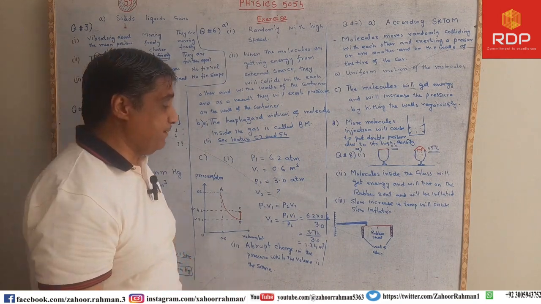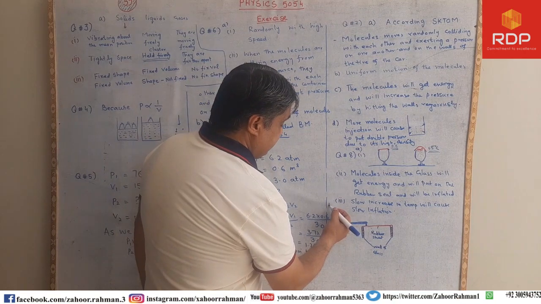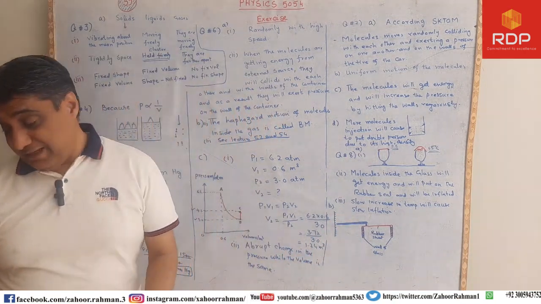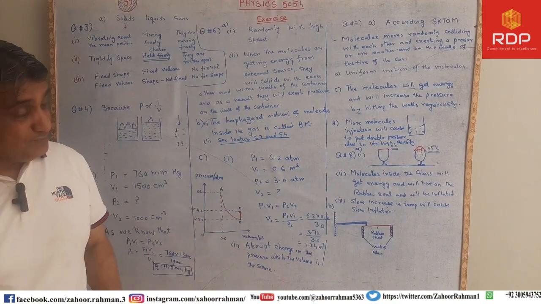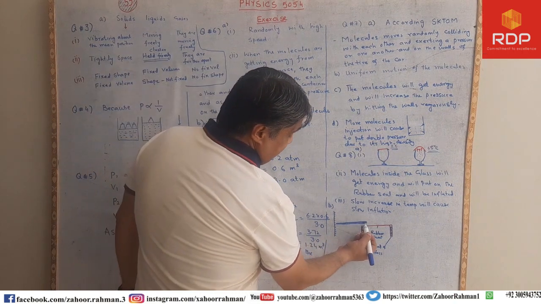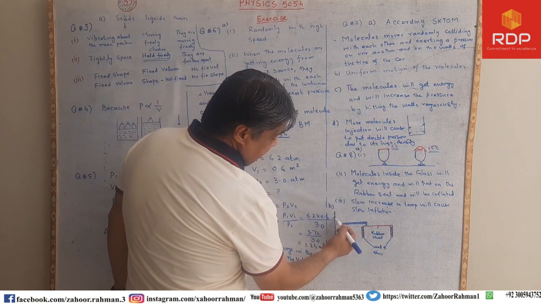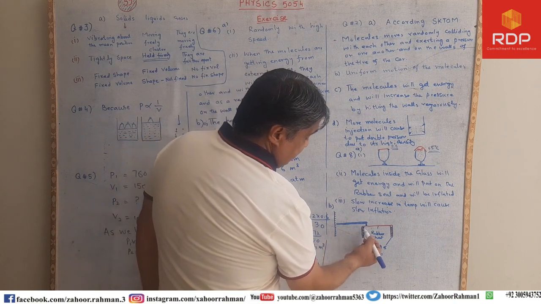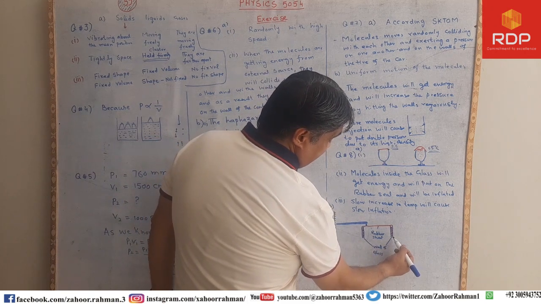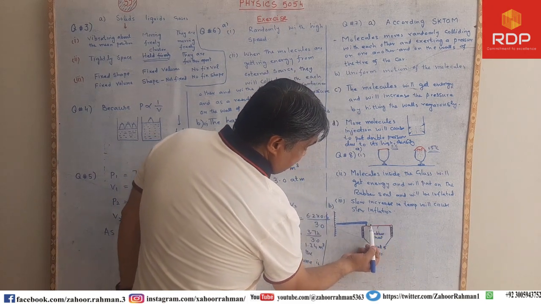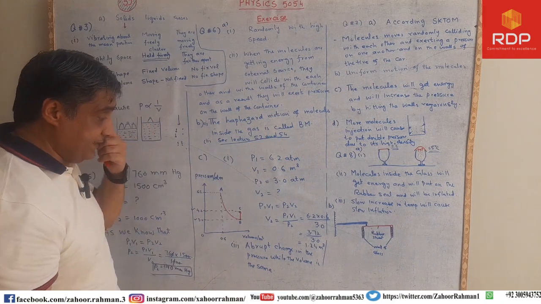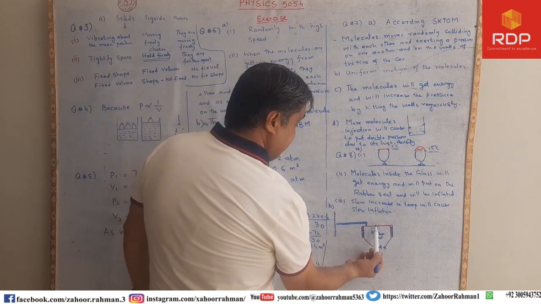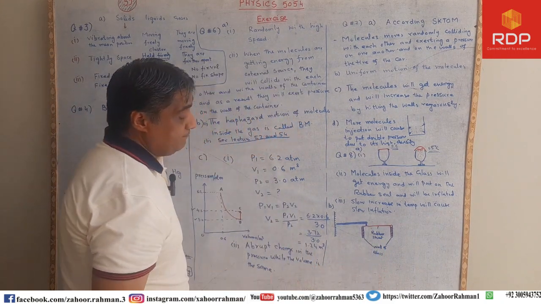Now the final part, and that is the B part. They have given us this. There is a pointer and there is a graduated scale. These are the walls of a glass and there is a fixed seal on it. This is the rubber sheet, this red one is a rubber sheet.